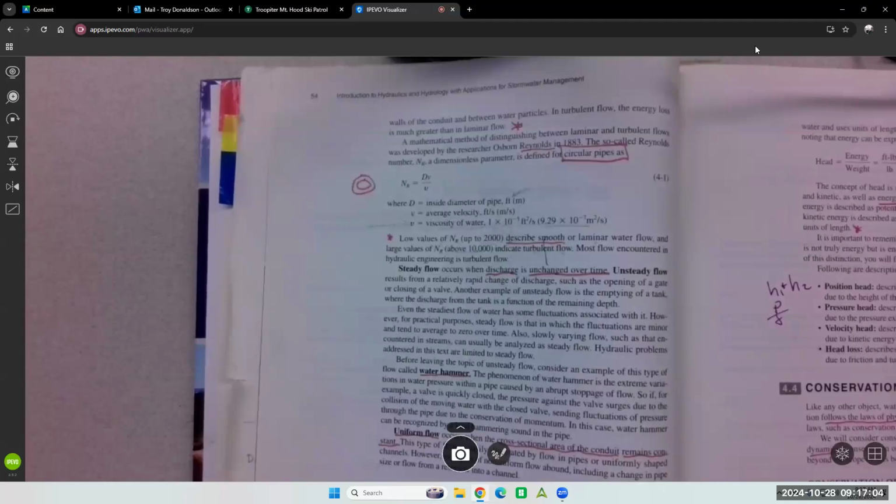So are there essentially pockets within that range? Yeah, there is, depending on the wall smoothness. So there are more characteristics to go into this other than just viscosity and velocity.